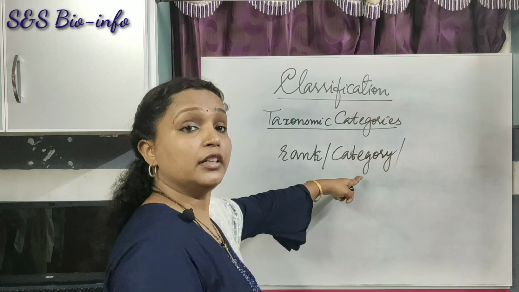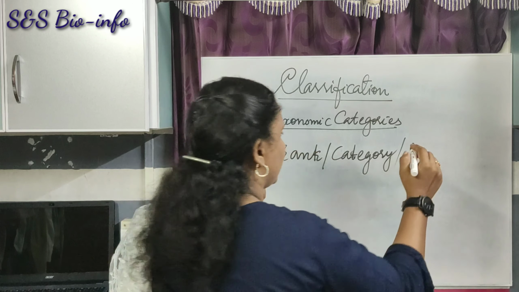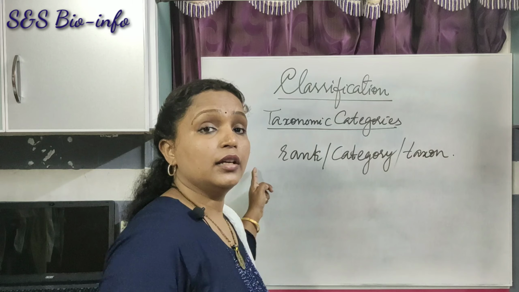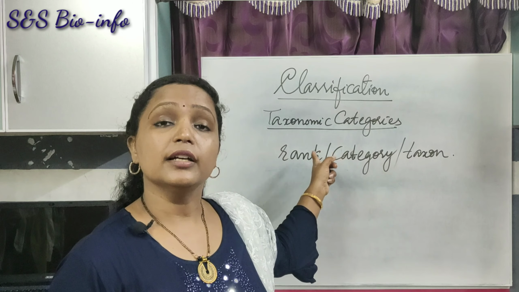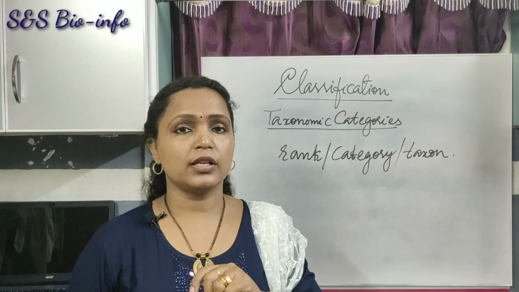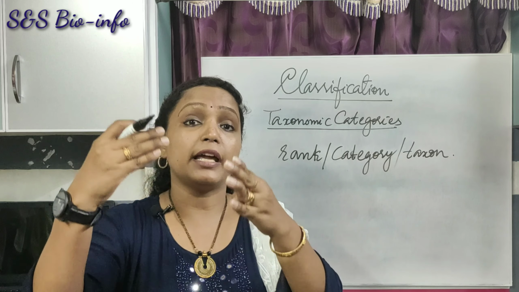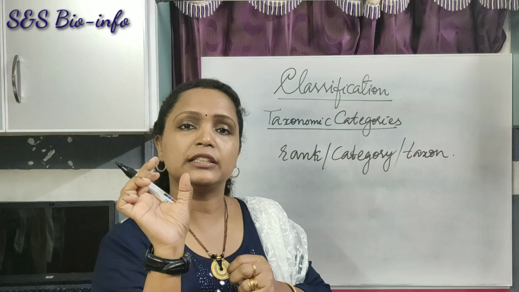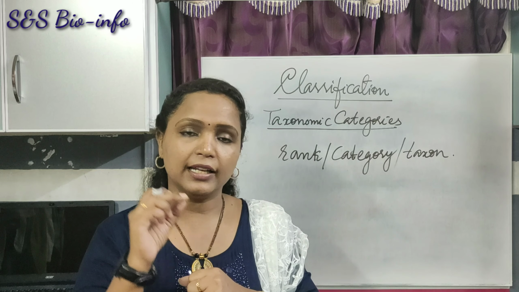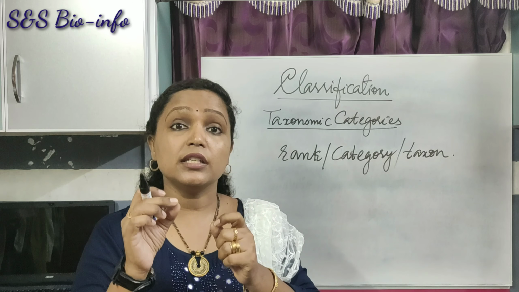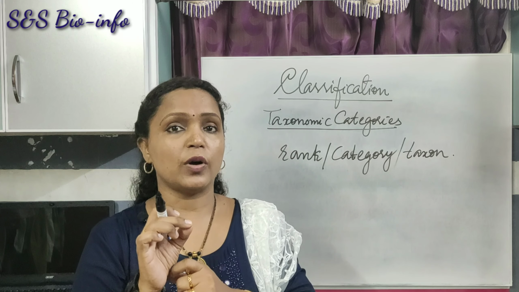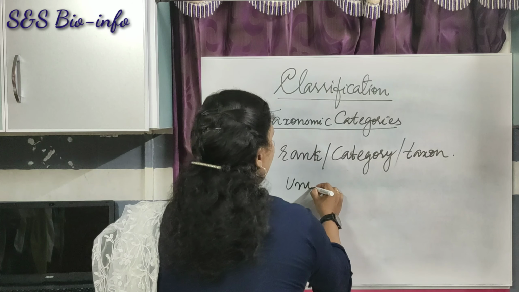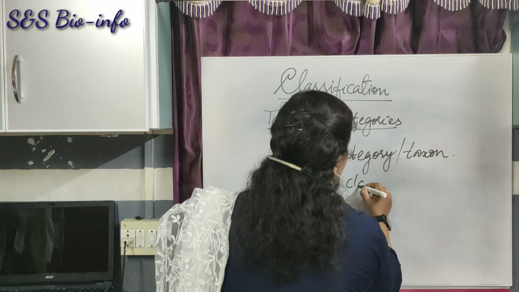The scientific name for the category is the taxon. In the classification process, the animals are placed in different hierarchical steps. Those are together termed as taxonomical categories. So each category is referred to as a unit of classification.